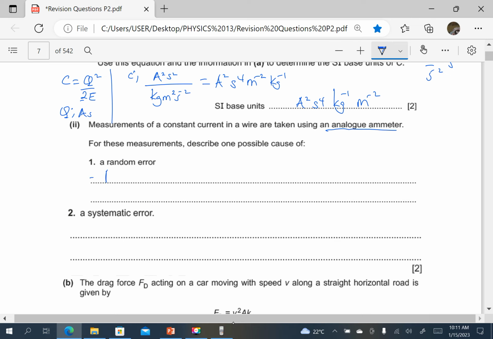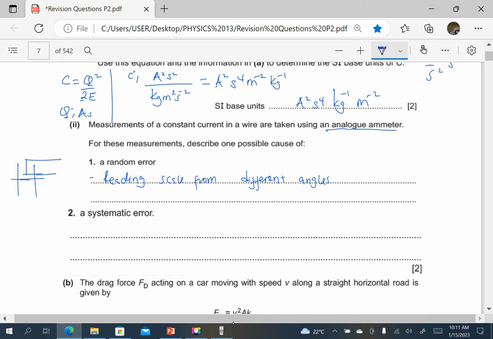So number 1, reading the scale from different angles. Sometimes we are taking a reading between 2 divisions, and the reading you are to take is somewhere in between the 2 divisions.